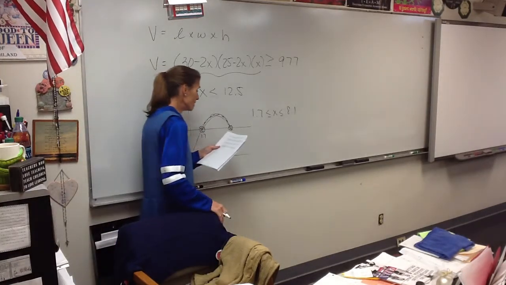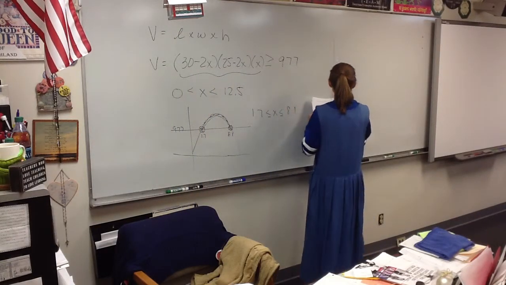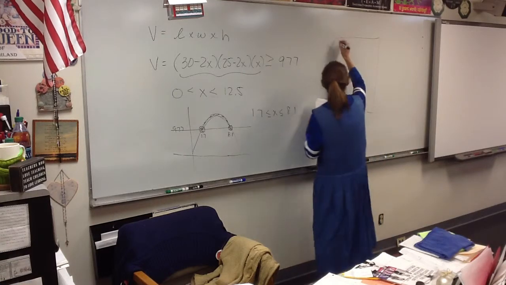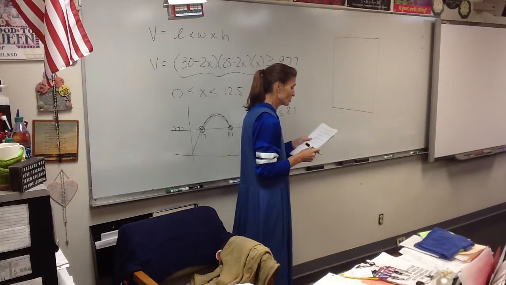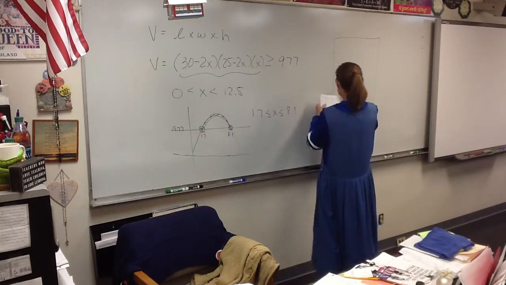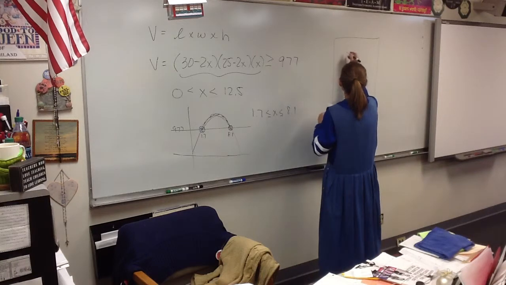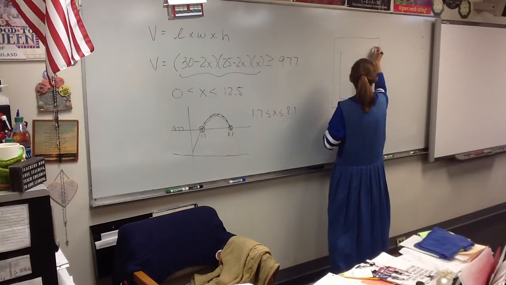What is the minimum area for a piece of paper? All right, so here's the piece of paper. It must contain 277 square inches of print material. Okay, so this is the piece of paper, but we're only writing on part of it.